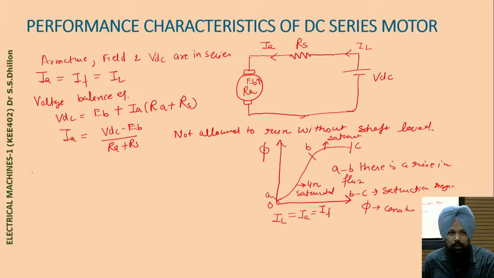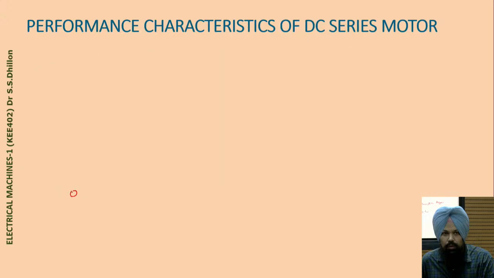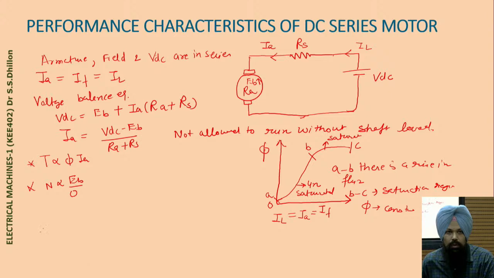Let's come over here. We know that torque is directly proportional to flux into Ia. We will discuss it later. And we know that speed is directly proportional to Eb divided by flux, or VDC minus Ia into Ra divided by the flux.